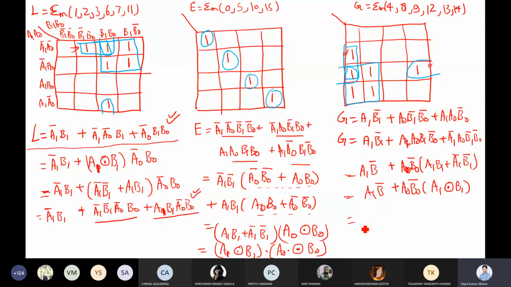Right. Now let me rewrite again: A1 B1 bar plus A1 X NOR B1 and A0 B0 bar. Right. So in this one I started from here, and in this one I started from here, so that you will understand both directions. Ultimately you will reach the same place.